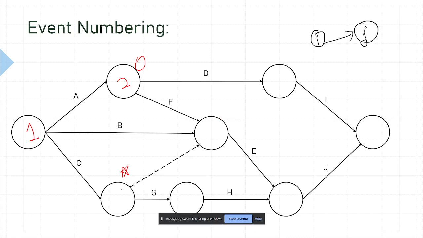If we mark C, then the J greater than I condition will not be fulfilled for the dummy activity from C. By definition, you are exact. If we mark 3 here, this number is going to be greater than 4, and as J cannot be greater than I, we cannot mark it here.